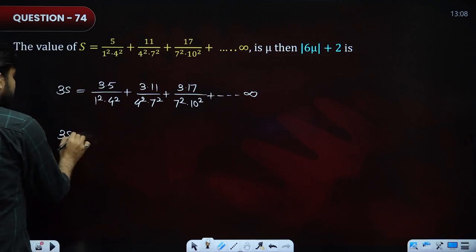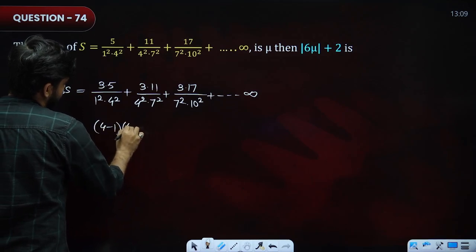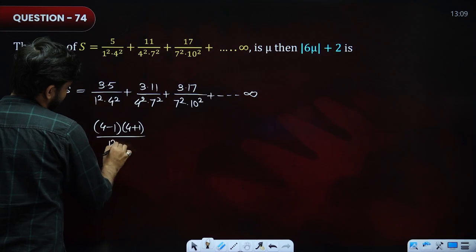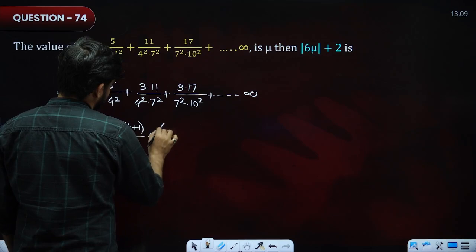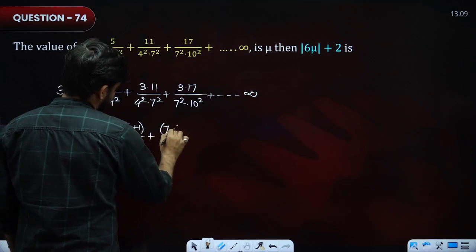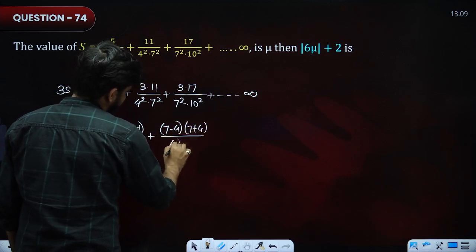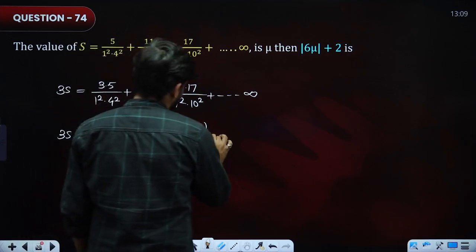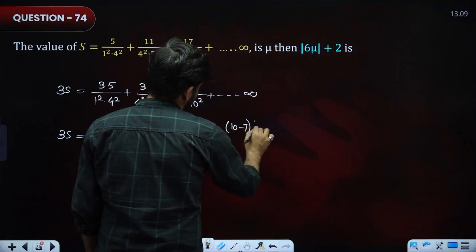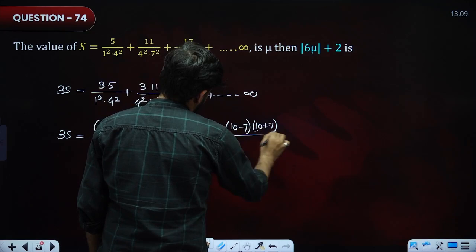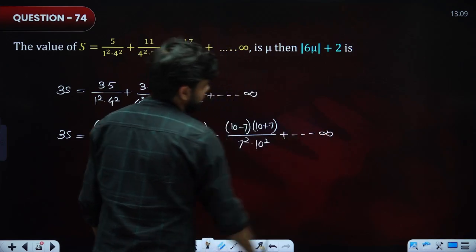So for that case, 3S is equal to, we can write it as 4 minus 1 into 4 plus 1 upon 1 square into 4 square, plus here we have 7 minus 4 into 7 plus 4 upon 4 square into 7 square, plus 10 minus 7 into 10 plus 7 upon 7 square into 10 square, till infinite.